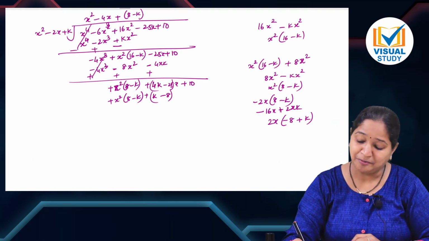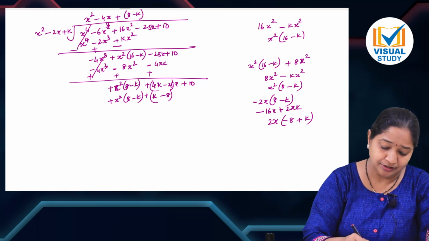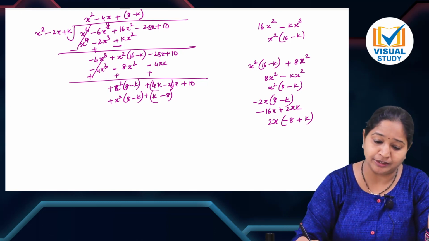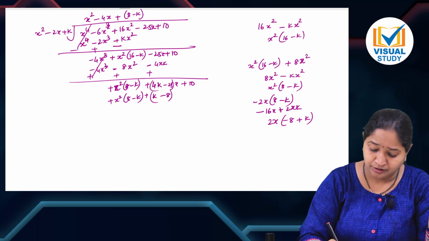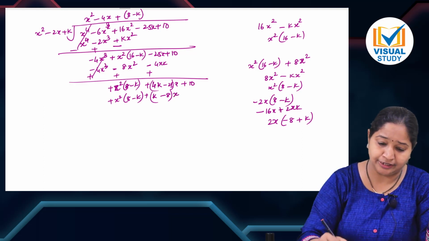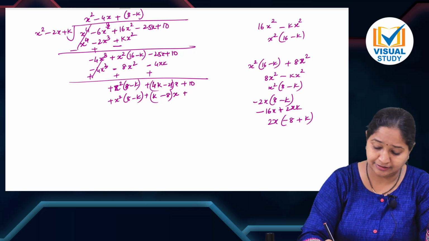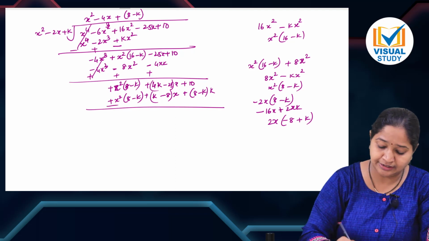Minus minus plus. Just a moment. Here you have to multiply this by minus 2, minus 16. Okay, correct. And this into k is plus 8 minus k into k. Now this gets cancelled.